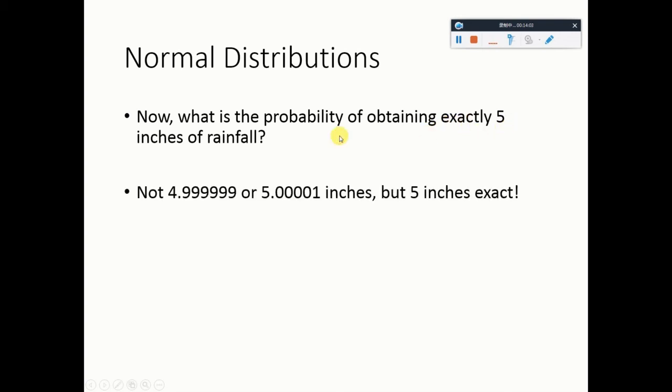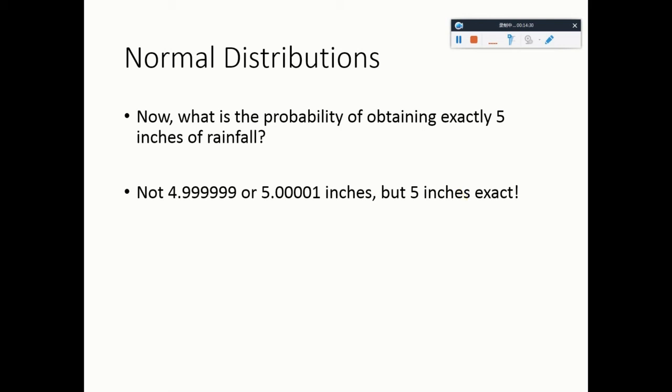That means I'm not saying that I want to know the probability of observing 4.999999 inches or 5.00001 inches. I want exactly 5 inches. I want to know the probability of observing 5 exact inches.